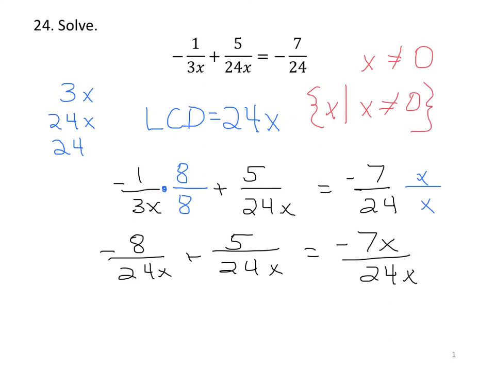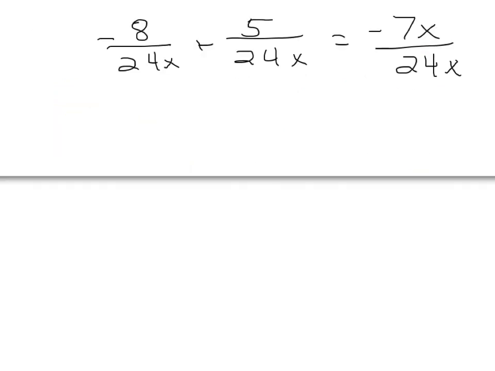Now, at this point, if you want to, you can actually get rid of all of the denominators. We don't need the denominators now that they're all the same. We've already decided what x cannot be up here, and that's what our denominators told us. Or you can keep working with it a little bit by combining your numerators, and bringing over that negative 7x over 24x.